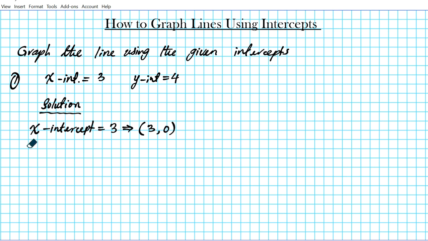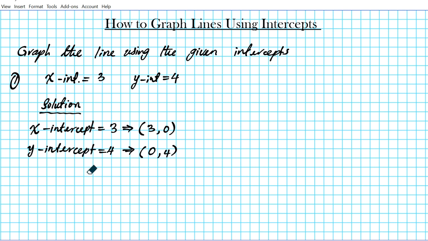Okay? And then if the y-intercept is equal to 4, what does this mean? It means that the graph cuts the y-axis at the value y equals 4, and it goes through the point (0, 4). All right, so if you have the intercept of a particular axis, you have that value at the coordinate point, and every other coordinate value will be 0.